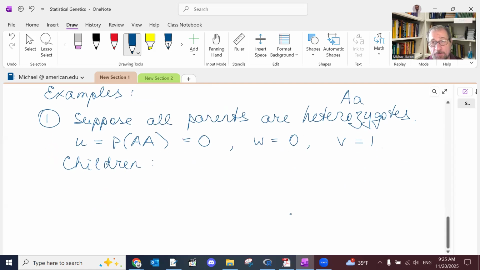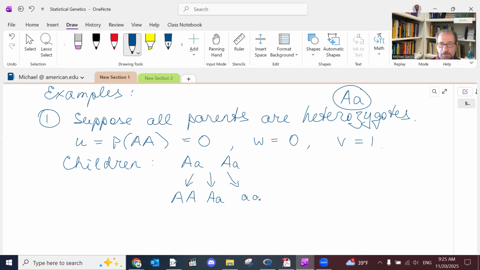Well, we already calculated this. If both parents are heterozygotes, then their kids can be either dominant homozygotes or heterozygotes or recessive homozygotes. Therefore, in the next generation, U1 will be 1/4, V1 will be 1/2, and W1 will be 1/4 again. That's the new distribution, the distribution of genotypes.